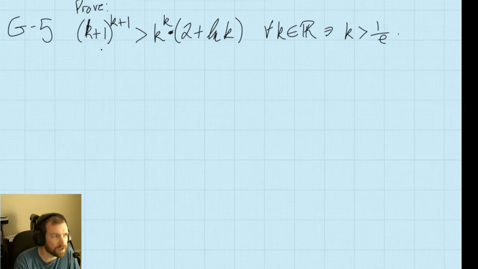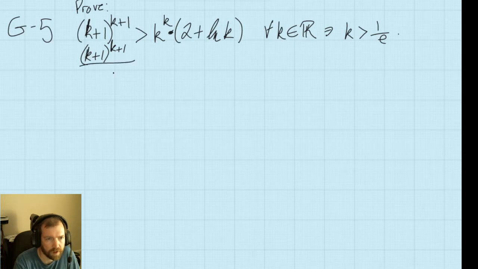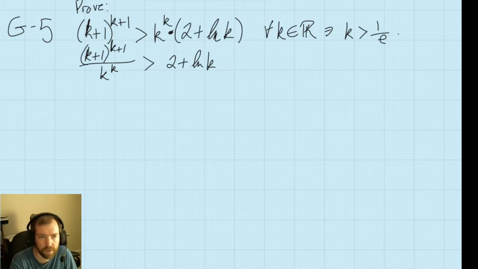My next inclination was to bring all the tower terms together. So we end up with (k+1)^(k+1) divided by k^k, which is going to be greater than 2 plus natural log of k. Then I said, okay, take k of the k plus 1s and put them together.